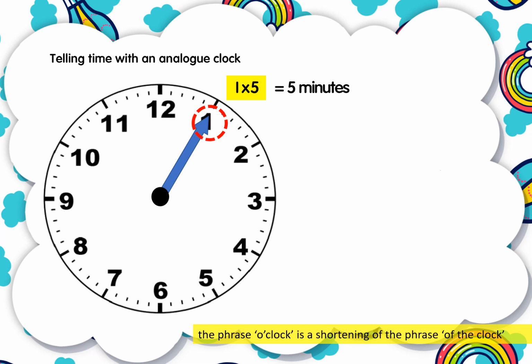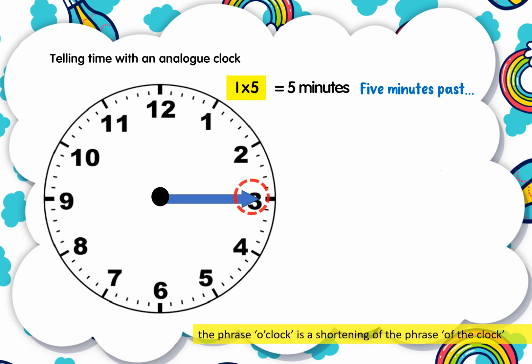We can say it is 5 minutes past the hour. When the minute hand points to number 3, we use 3 times 5, we get 15 minutes, or we can see from 12 to 3 is a quarter past.